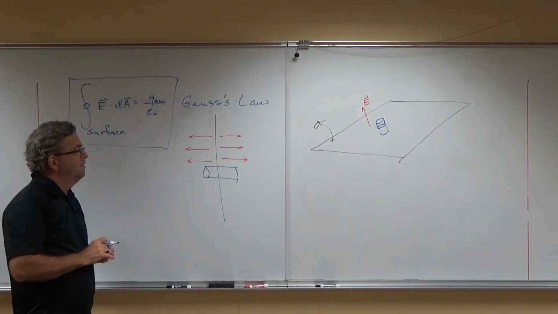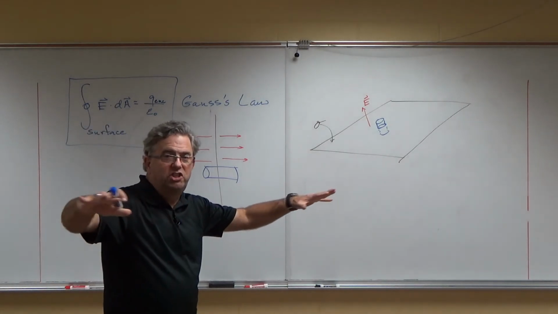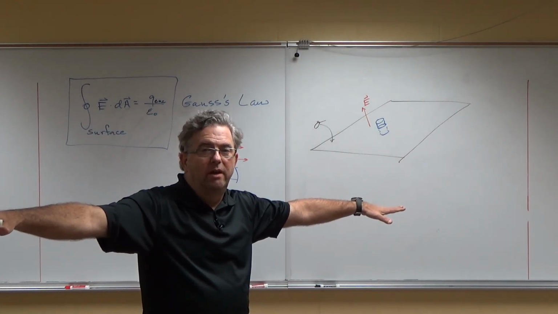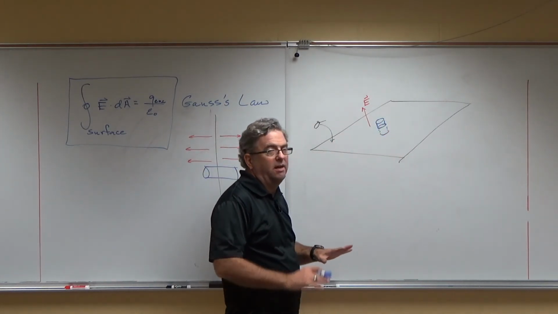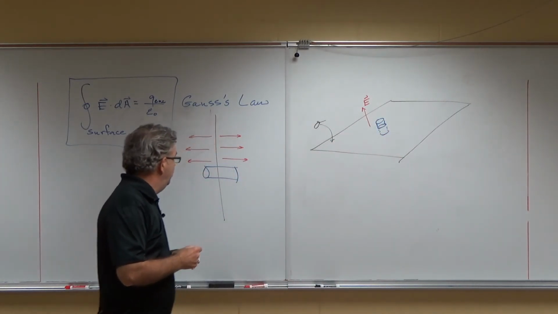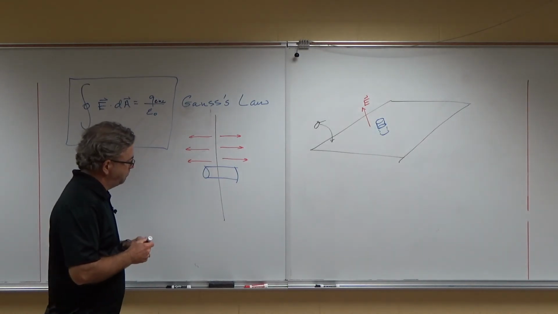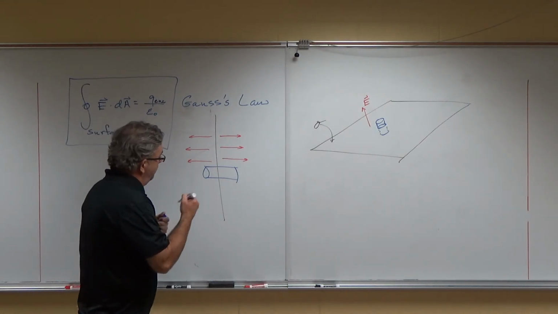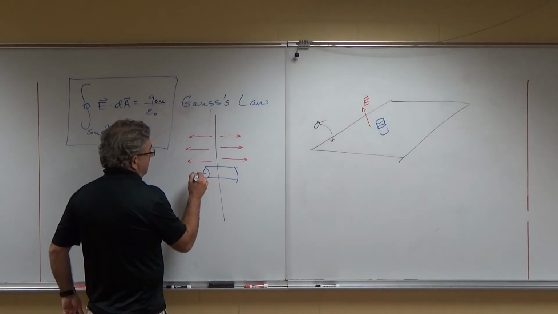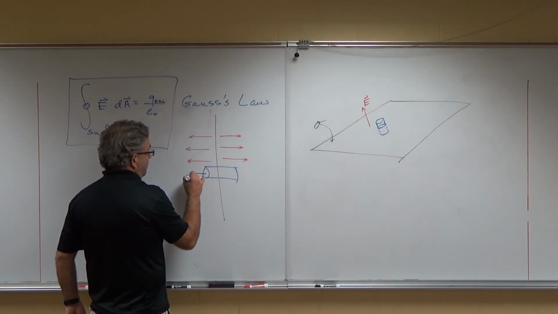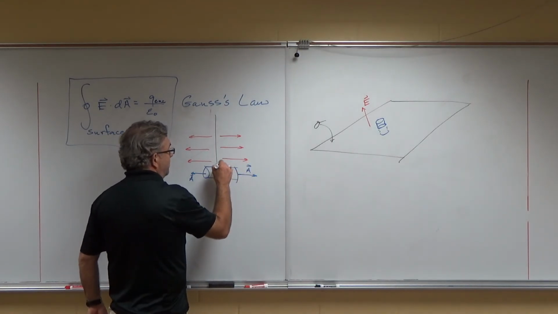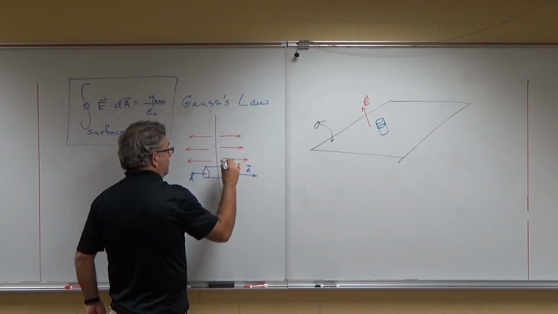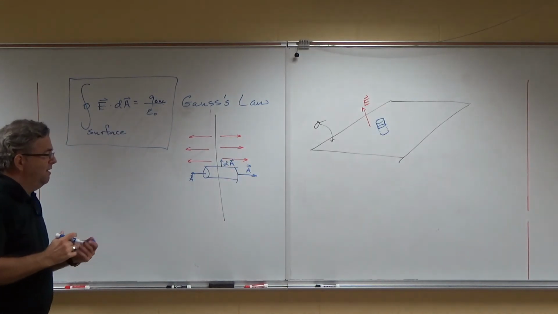Okay? This is a large sheet of charge. I know from the charge distribution that the electric field is nice and constant throughout this sheet. Now, summing up for Gauss's law, there's an area on the ends, and then there's some little dA here. So let's think through this.